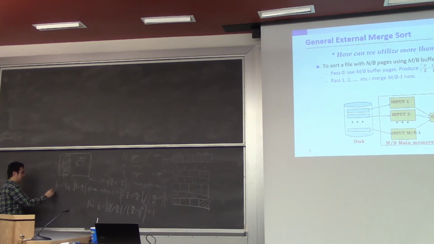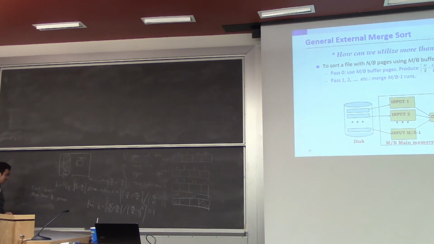Okay, this is the total. If k equals this number, the total number of passes including pass 0 is k plus 1, and the merge phase will have k passes.